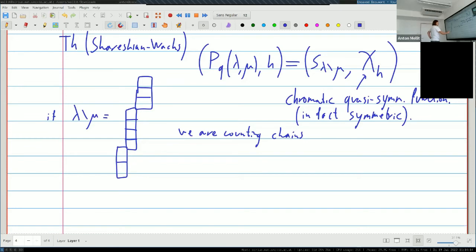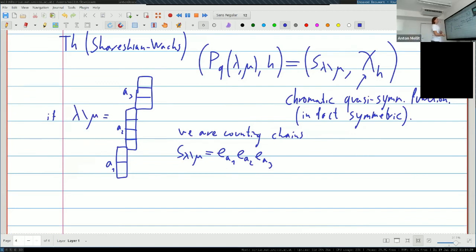And then as lambda mu is just a product of, so if this is A1, if this is A2, 3, it's just the product of the elements in the function. So you get the composition of this chromatic quasi-symmetric function in the forgotten base.